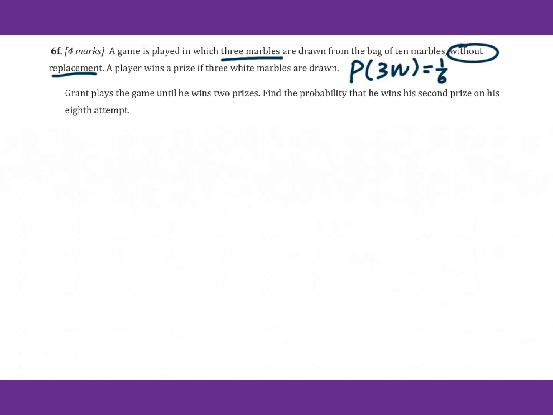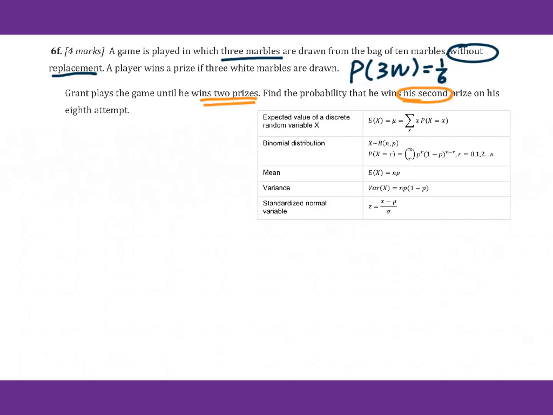Grant plays the game until he wins 2 prizes. Find the probability that he wins his second prize on his 8th attempt. When you're talking about winning or losing, it will be binomial distribution.